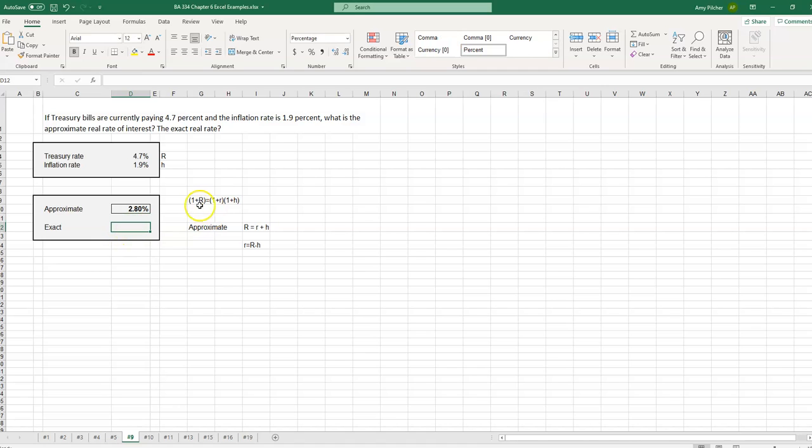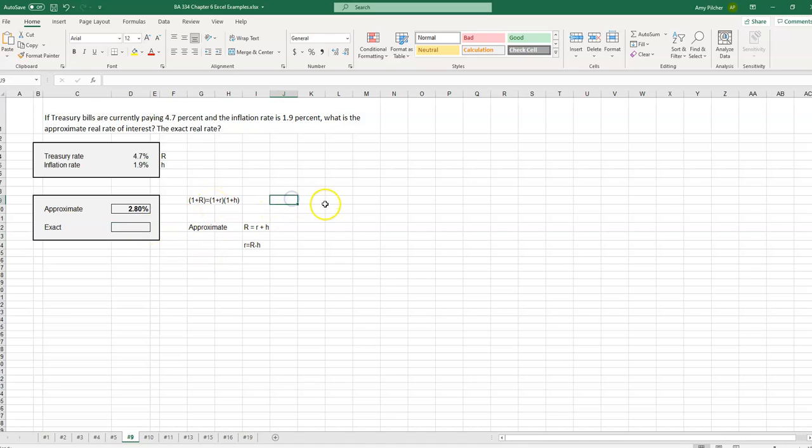For the exact value, we need to rearrange our equation. So we're trying to get 1 plus r. This means we need to divide each side of our formula by 1 plus h, and then subtract 1.